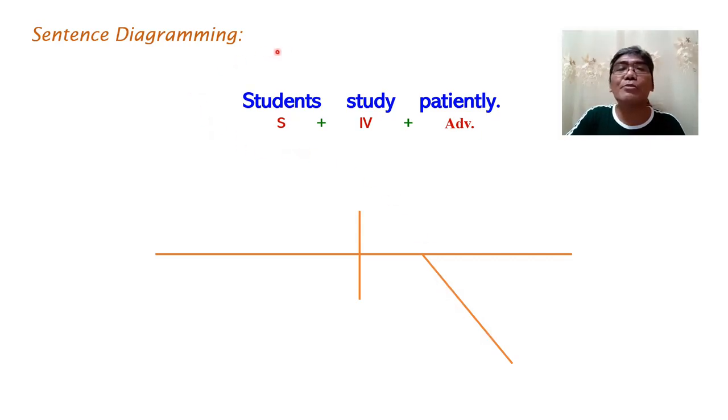The simple subject in the given sentence is students. So we have to put this word on this section. The simple predicate in the given sentence is study. So we have to put this word on this section.